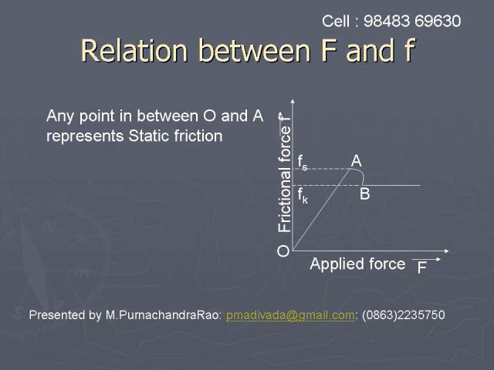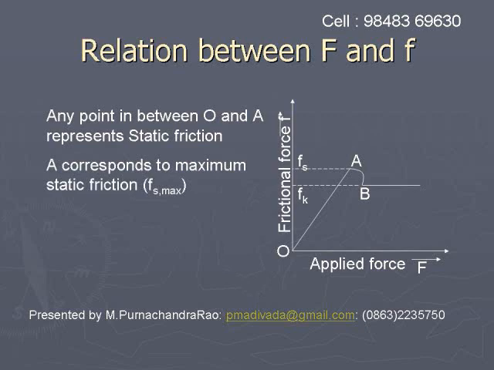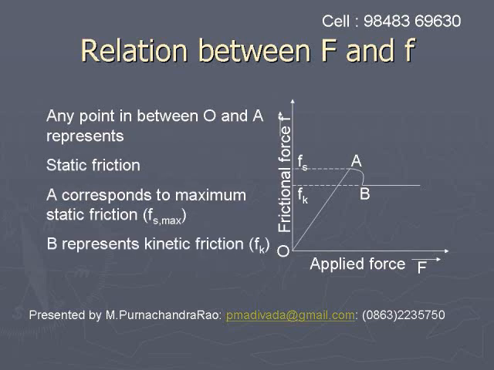The frictional force corresponding to A is known as maximum static frictional force, Fs maximum. This is a constant. The frictional force corresponding to B is kinetic frictional force Fk.